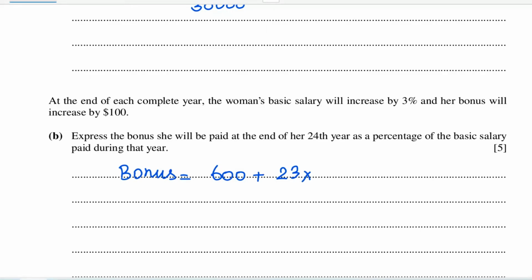And every year it gets increased by 100, so d is 100. So this is equal to 2900.